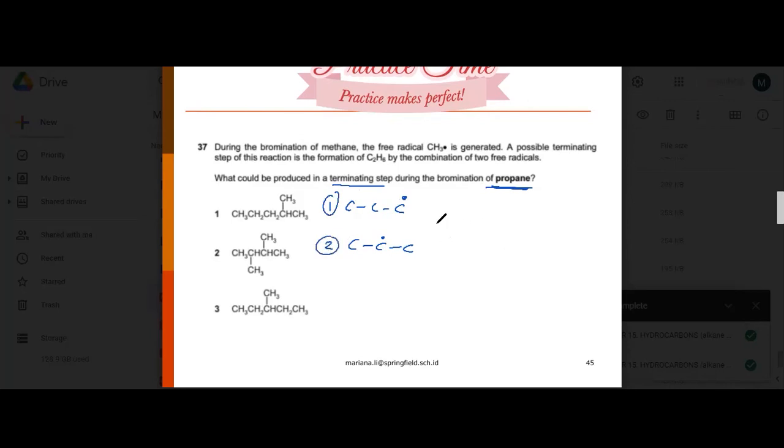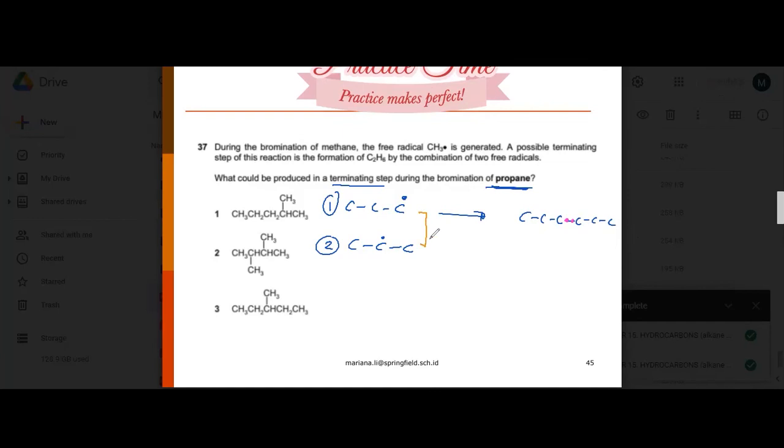Let's say first combines with the first, so we produce CCC, CCC, right? The second free radical combined with the first free radical as well. So we'll produce 1, 2, 3, 4, 5, 6, hexane.